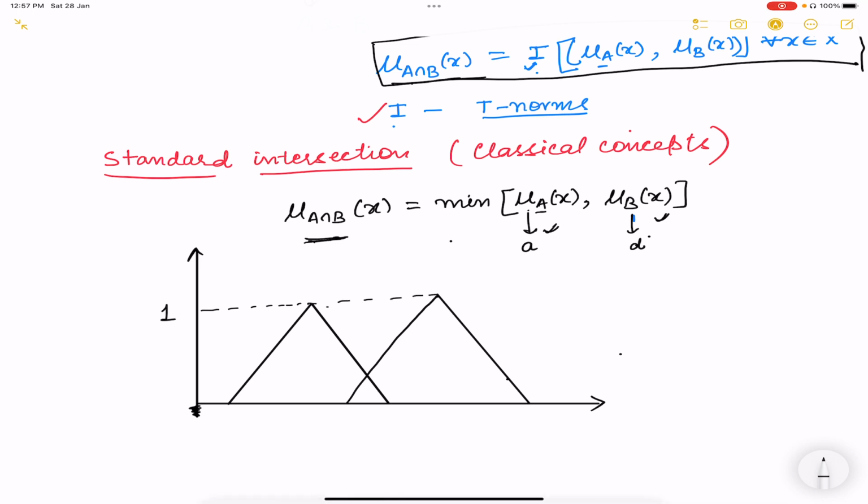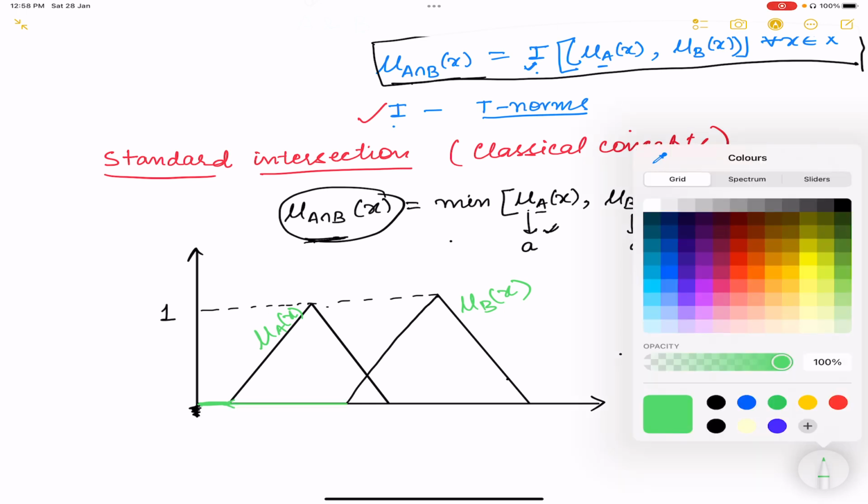Okay, so what will be this mu A intersection B, students? This mu A intersection B will be the minima. So if we move like this, let us see, this is say mu A(x) and this one is say mu B(x). Here both the membership functions take 0 value, so this is going to take the minima, that is 0. And further, mu B(x) takes 0 values, so this is going to take 0 value here.